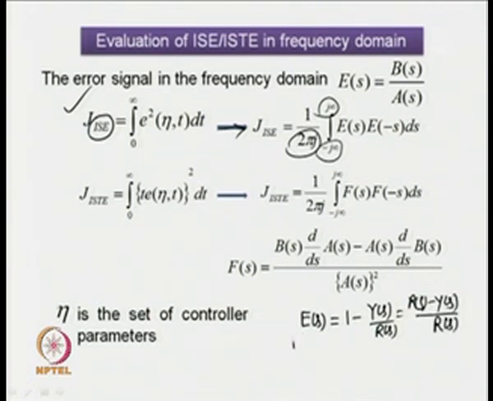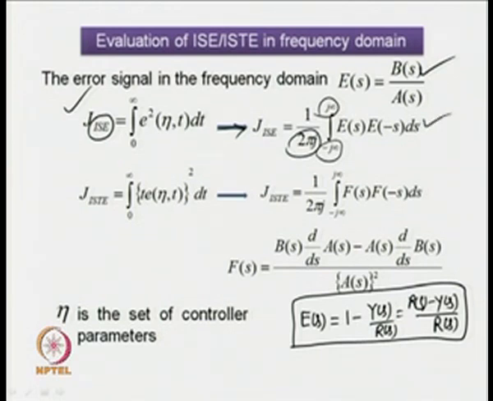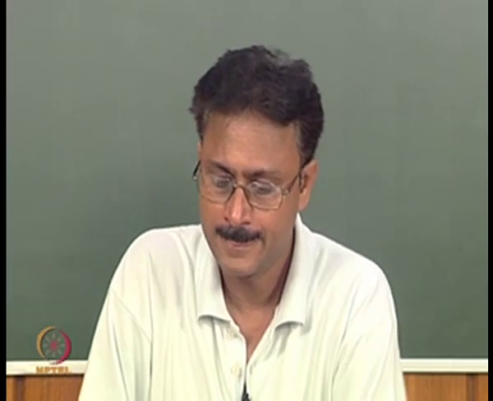So, E(s) can be obtained in polynomial form. Suppose E(s) is expressed as B(s) upon A(s), then employing B(s) upon A(s) and B(-s) upon A(-s), it is easy to compute or evaluate the ISE performance index.